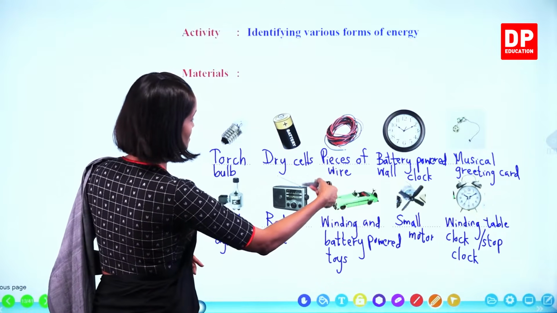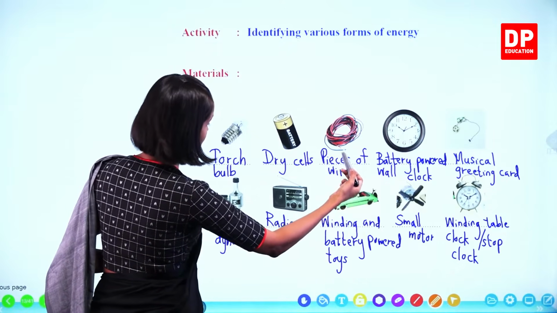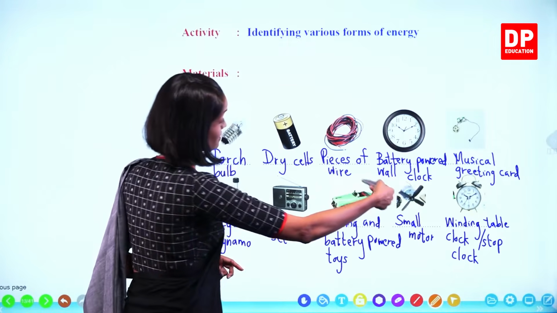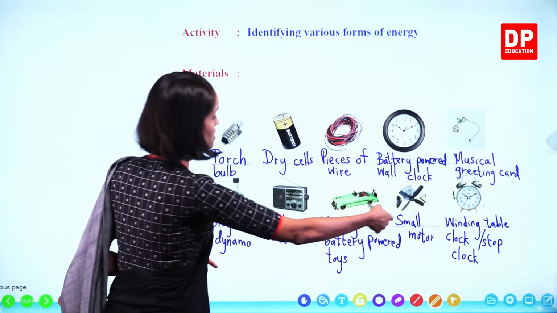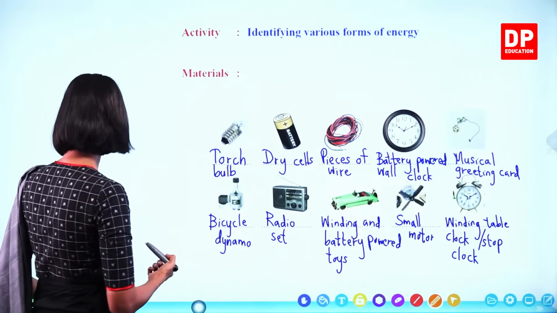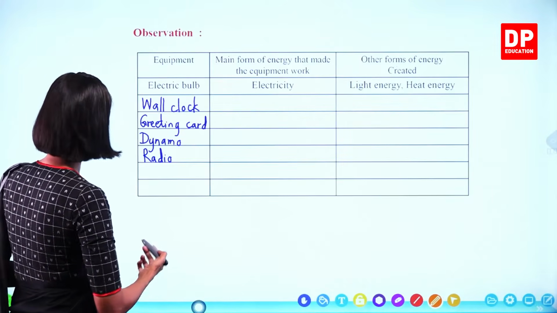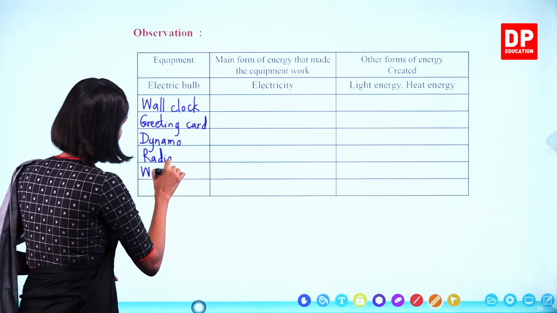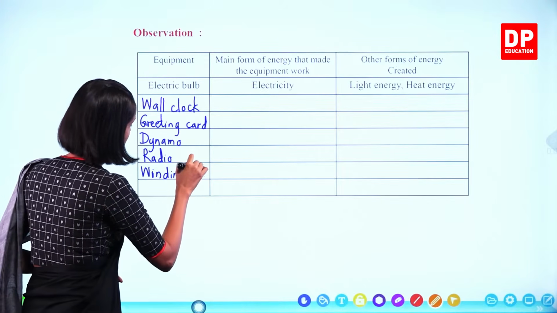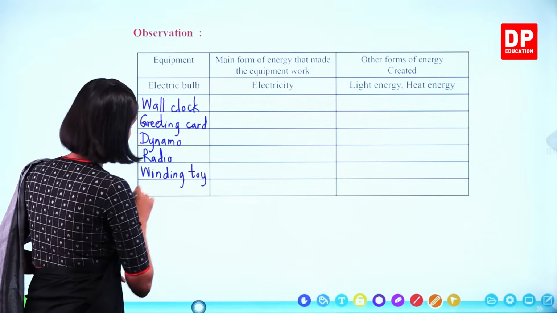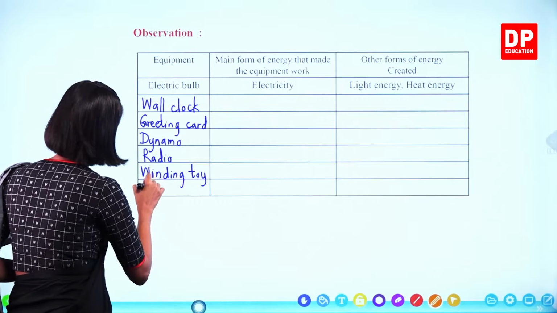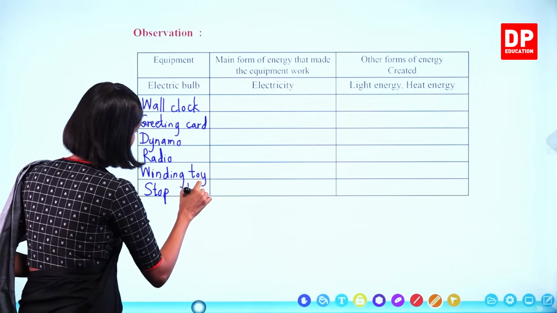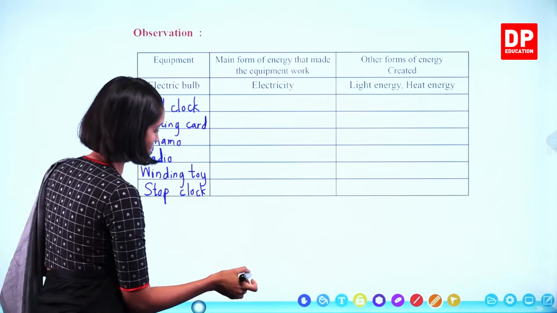We can write winding car, battery powered toy, small motor, and during the experiment we used a stop clock, right? Winding toy, stop clock, and the small motor.